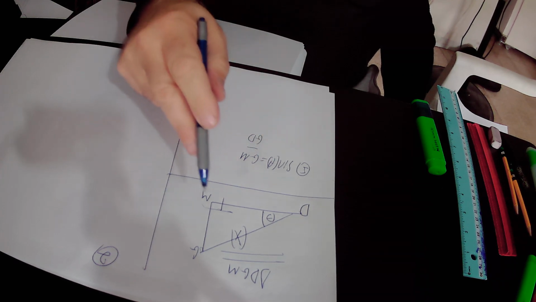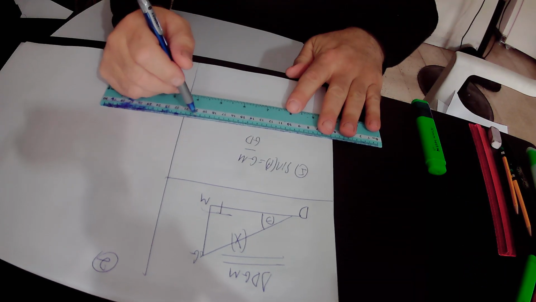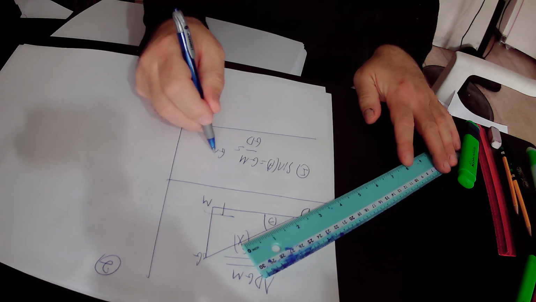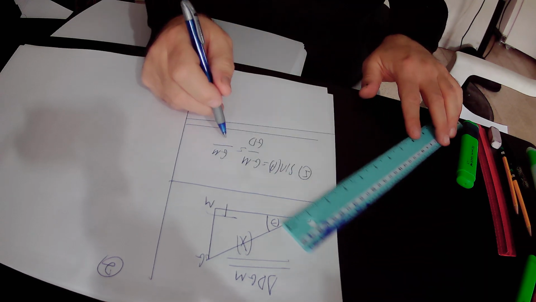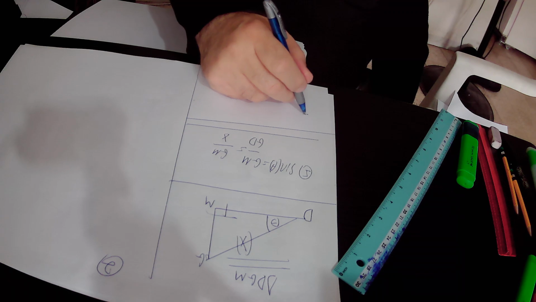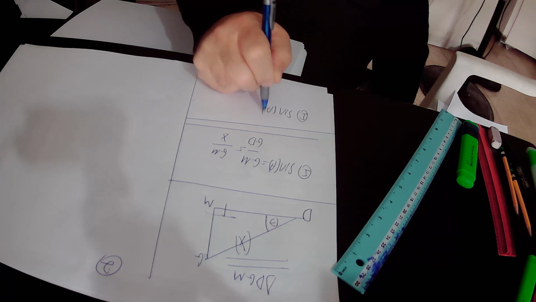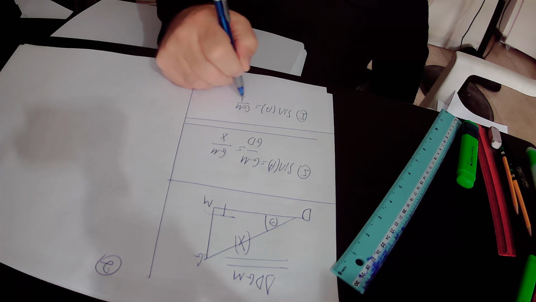GM is the missing side, so we leave it as it is. GD is X, therefore we substitute GD by X. So in total, we found out that sine of theta equals GM over X.